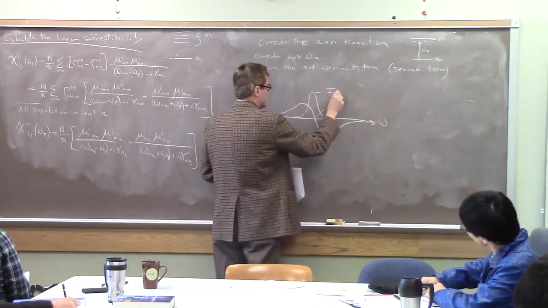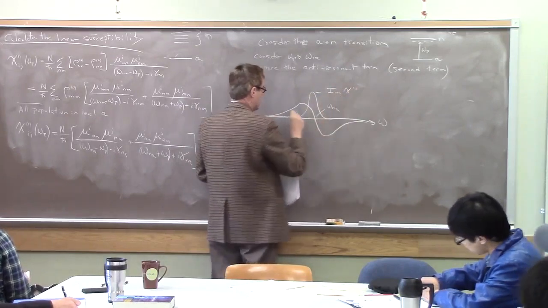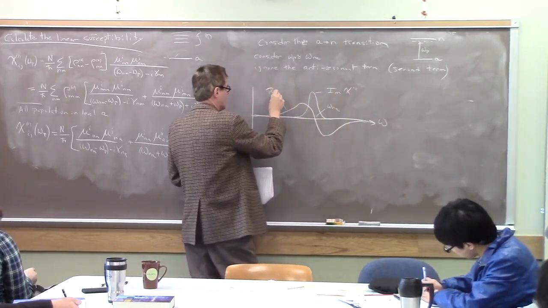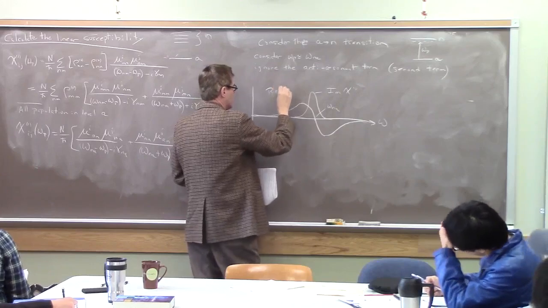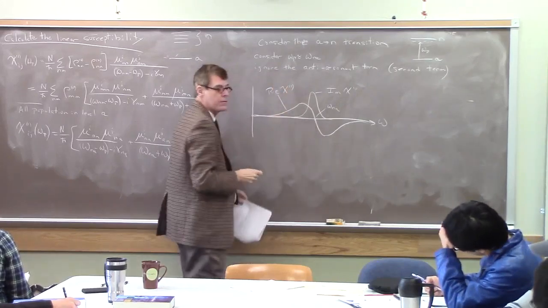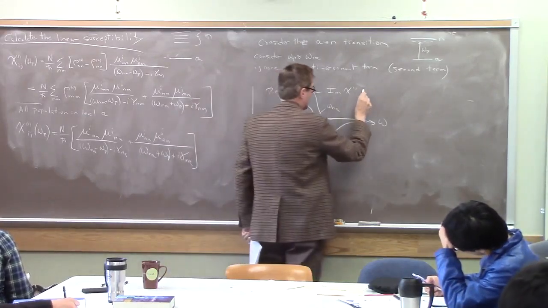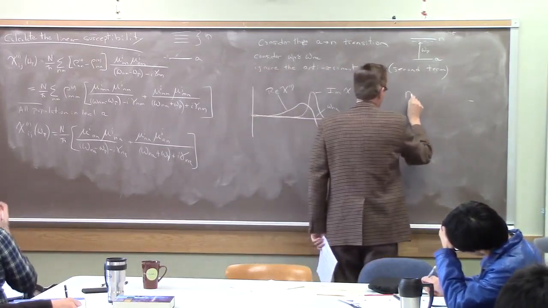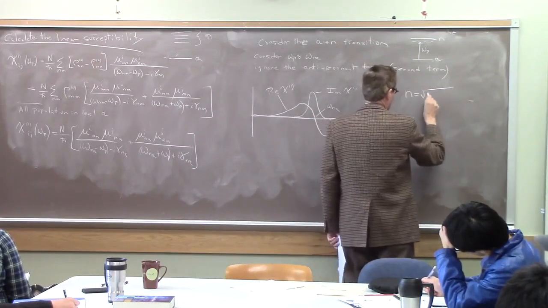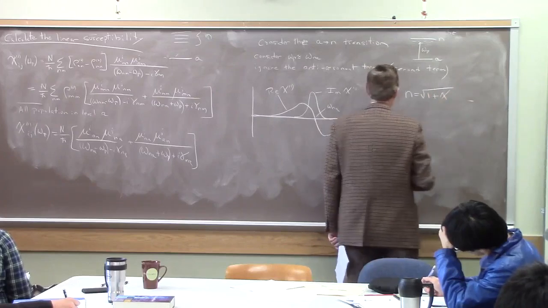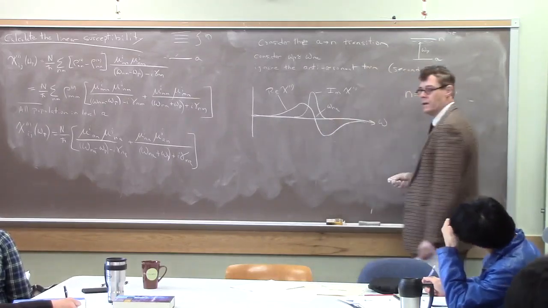So this is the imaginary part of chi1, and this is the real part of chi1. And of course, n is the square root of 1 plus chi1.